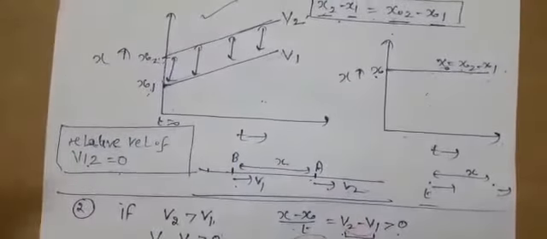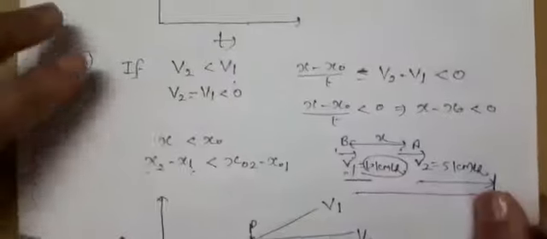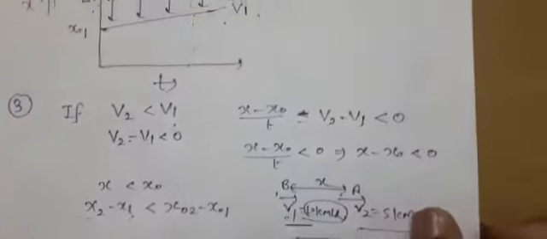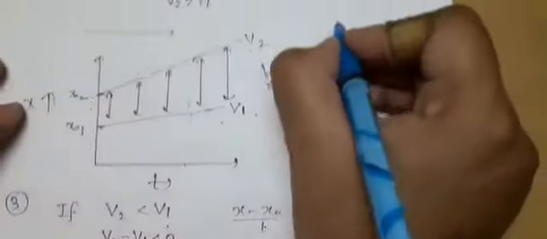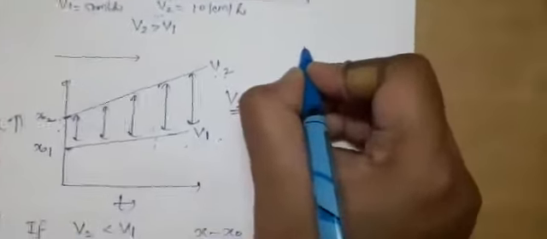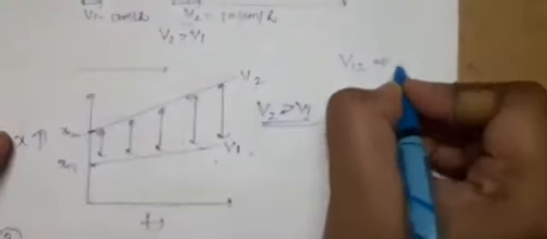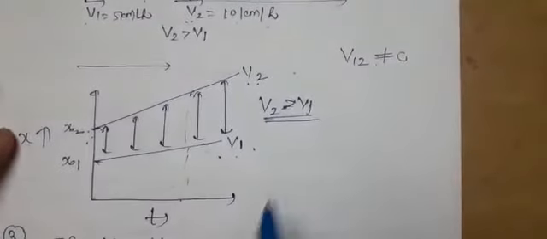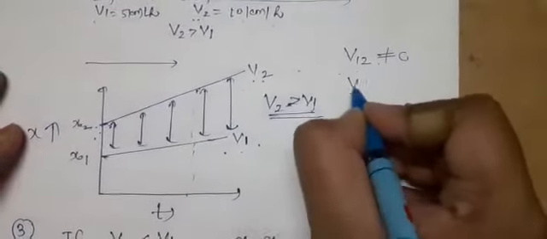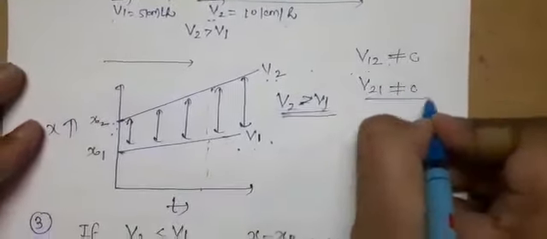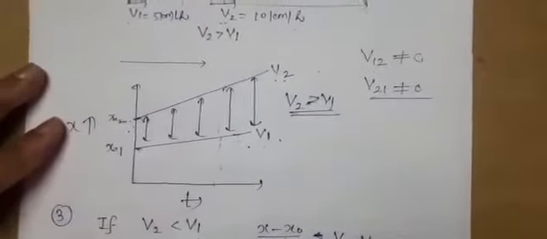But you can also be asked to draw the position time graph for the two bodies when the relative velocity of one body with respect to the second is non-zero. Relative velocity of one body with respect to the second, or the second body with respect to the first, is non-zero.